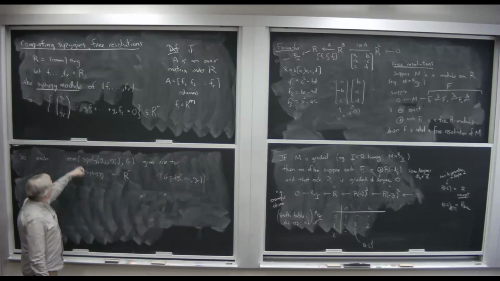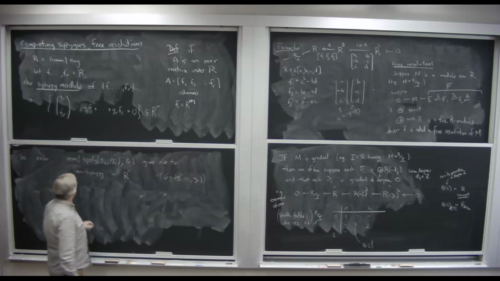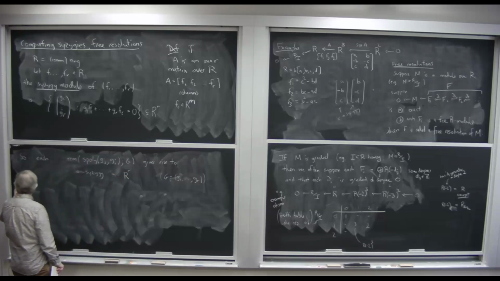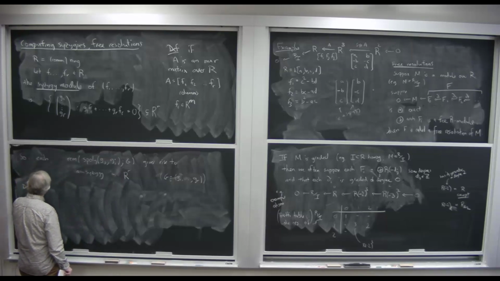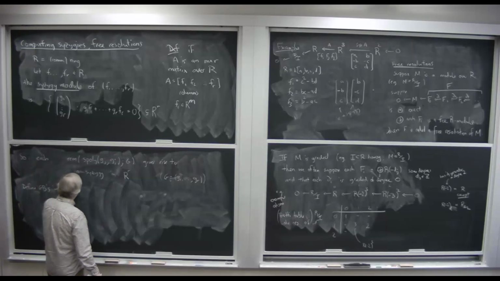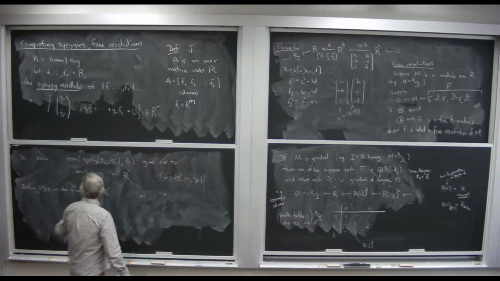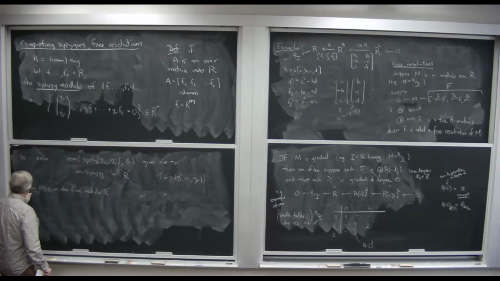Okay, so we get a whole bunch of elements in here. Now, suppose that we can do Groebner bases in this thing here. So now we have to define Groebner bases in the free module R to the R.